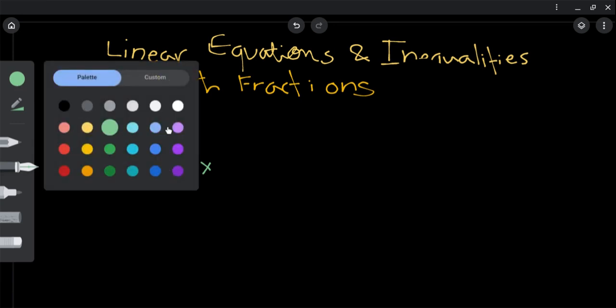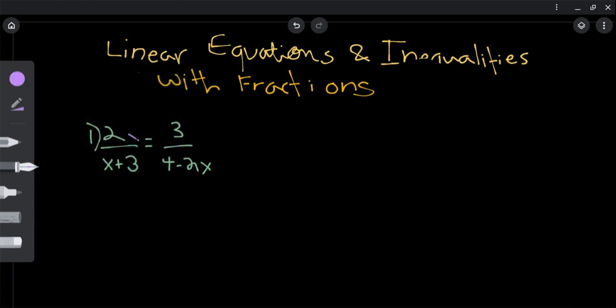You basically do the same thing, but you have a different first step. And that first step is going to be cross-multiplying. Cross-multiplying is multiplying the numerator of one fraction with the denominator of the other, and the denominator of one fraction with the numerator of the other.